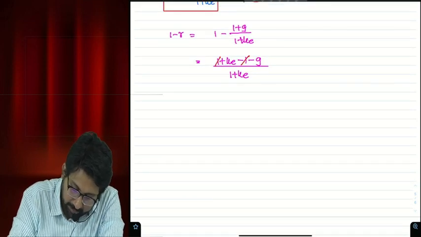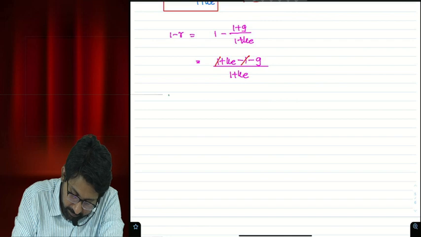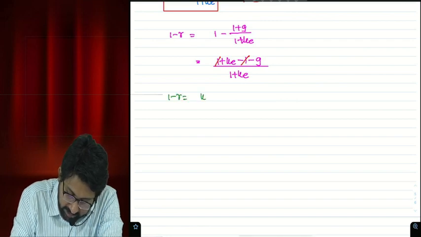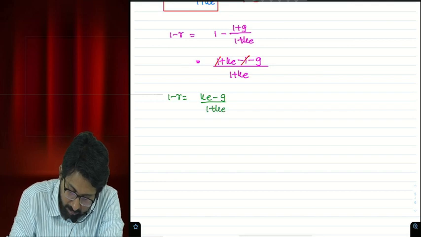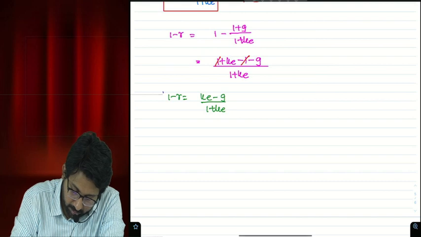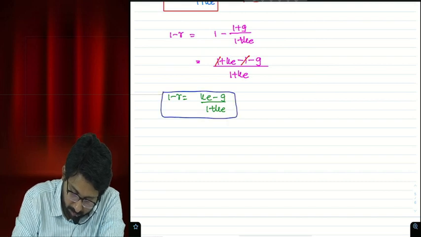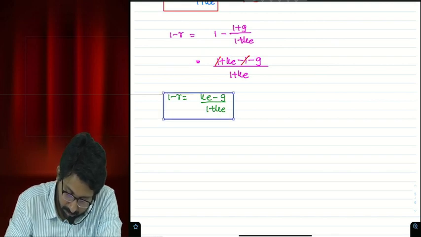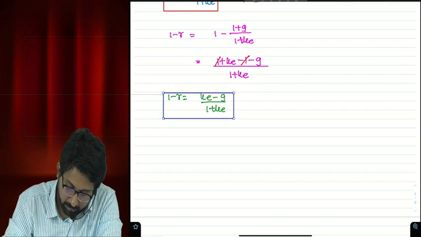So simply the answer is 1 minus R equal to ke minus g by 1 plus ke. Done.